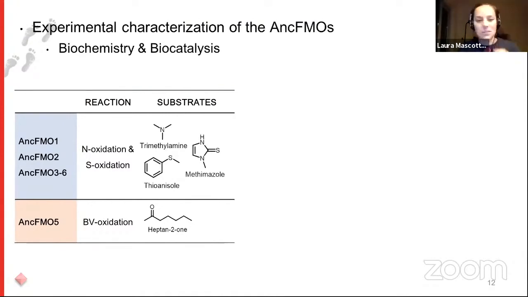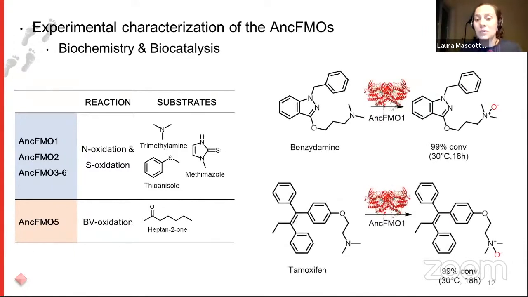And just to show you something particular, in ancestral FMO1, we found that it has a broader, more open substrate cavity. So it can accept different substrates, drugs like benzydamine and tamoxifen, and transform them very well.